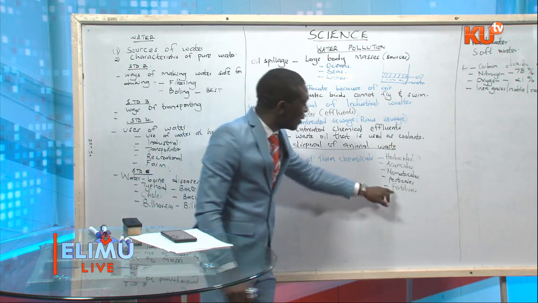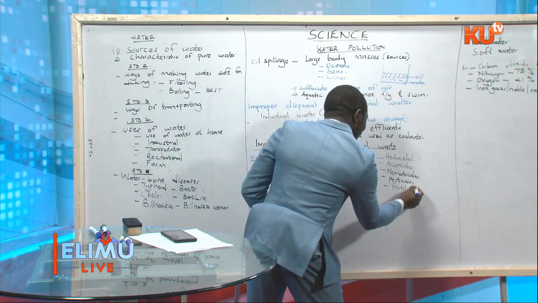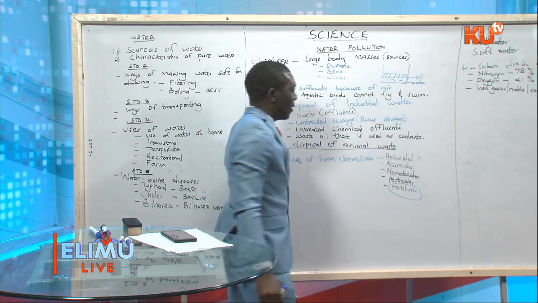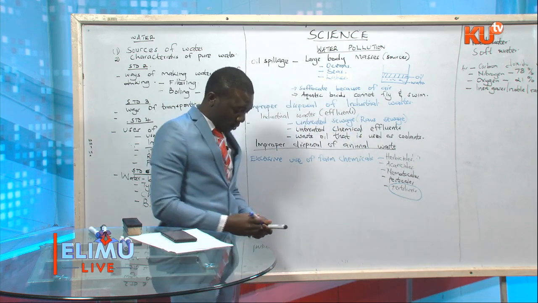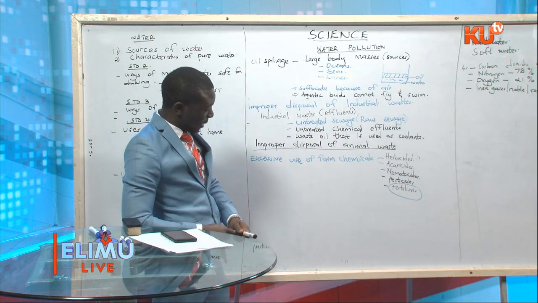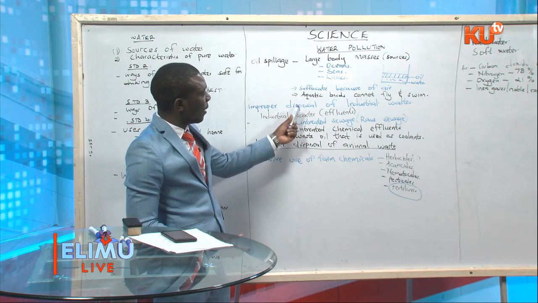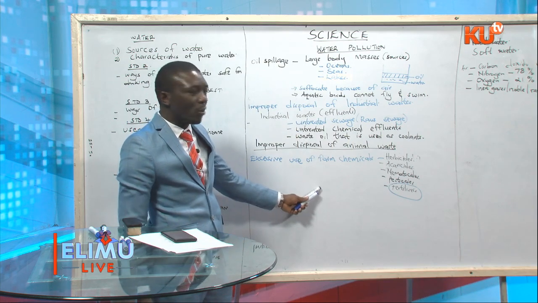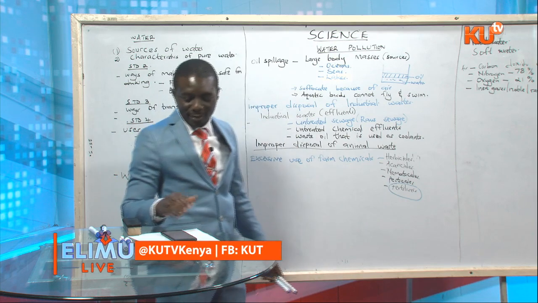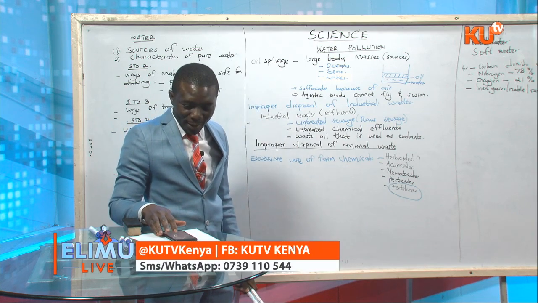So these fertilizers are mostly tested. If they ask you a question, use of excess fertilizers, what does it do to water? It increases the growth of aquatic plants. I believe I am through with that one.